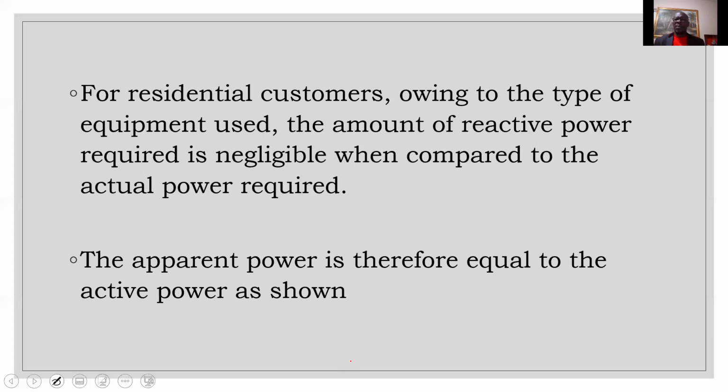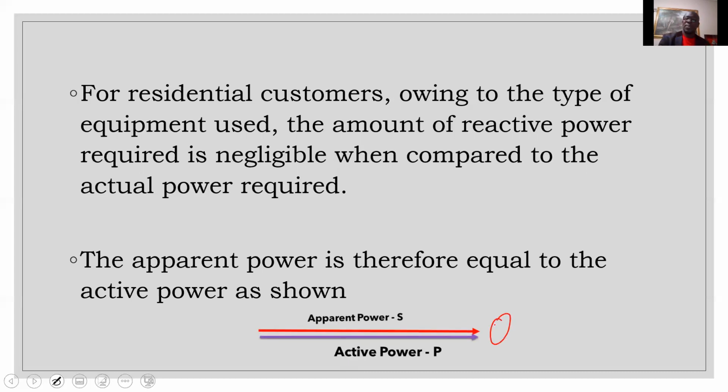The apparent power is therefore equal to the active power that is required, because there's no large reactive component, then P is equal to S. And we show that in our diagram here. So Q, in this instance, will be equal to 0. And that's for residential customers. Yes?